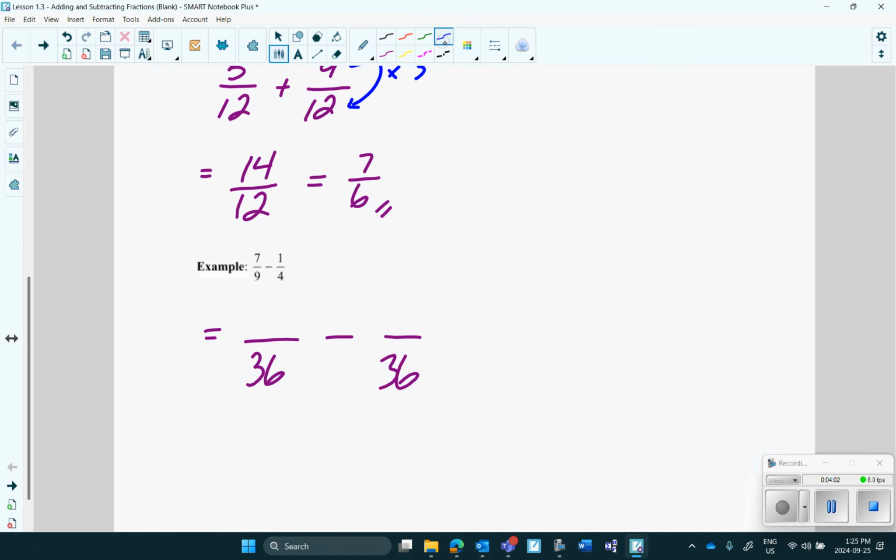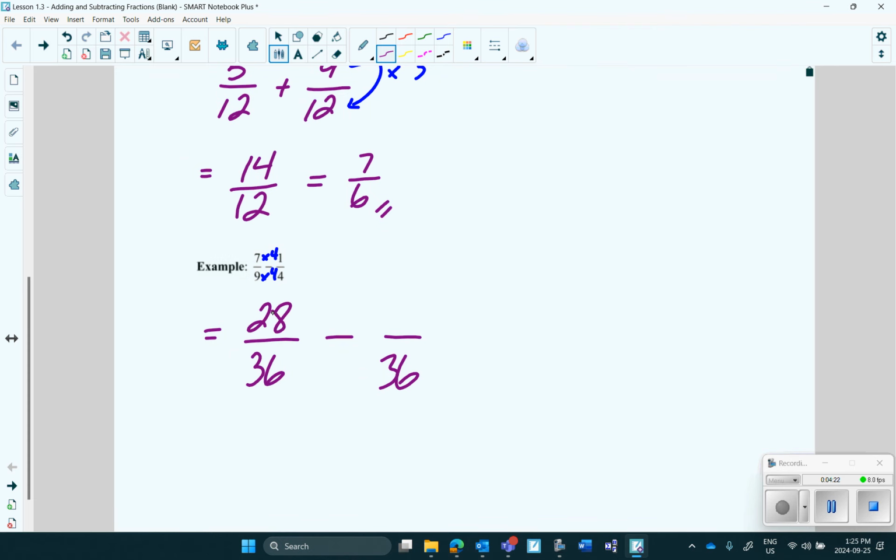So the first one, well, to get from 9 to 36, I'm going to have to times 4, which means I'm going to have to times the top by 4. So 7/9 becomes 28/36.